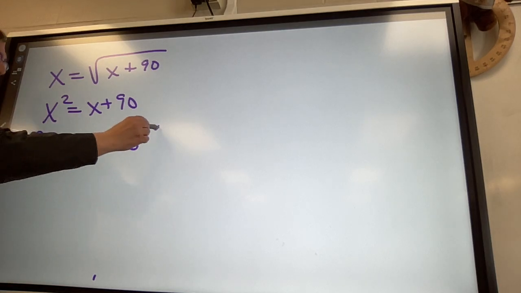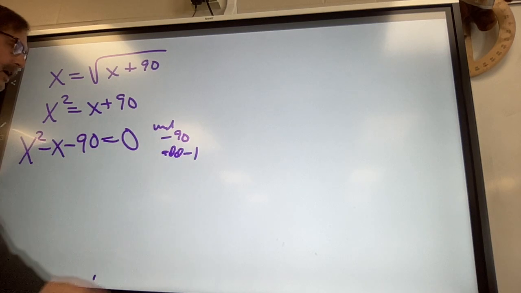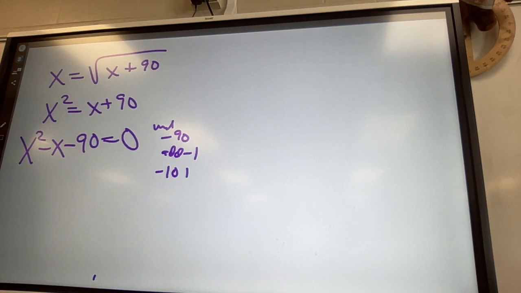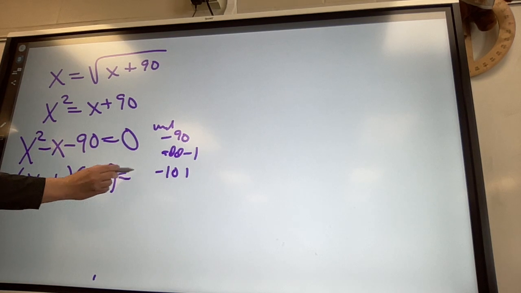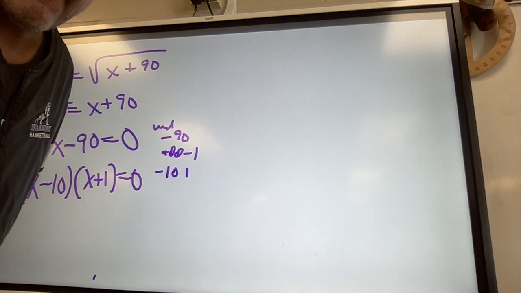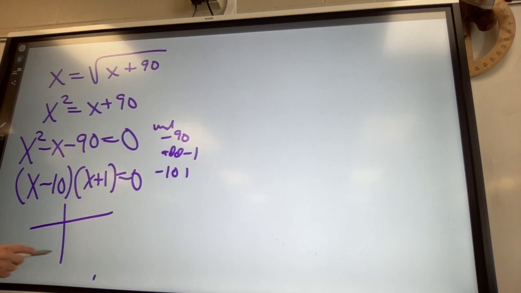Multiplies to be negative 90, adds to be negative 1. When we think that through, it is negative 10 and positive 1. When this is a positive 1, we can go straight to the answer. Make the big T: x equals positive 10, x equals negative 1.